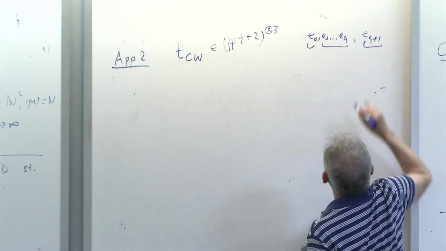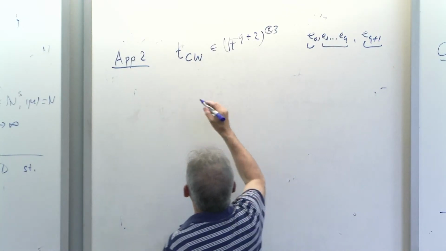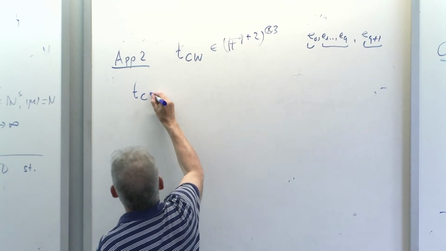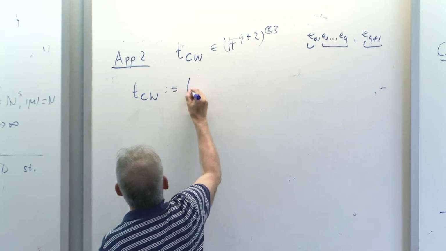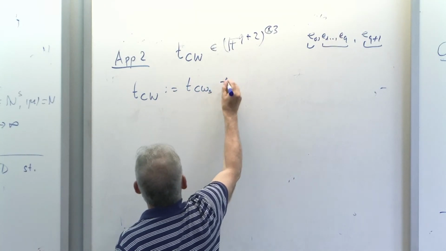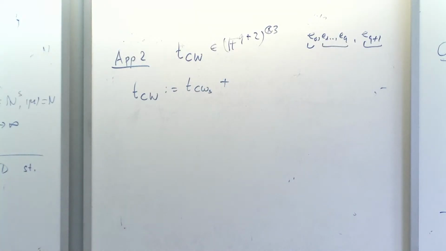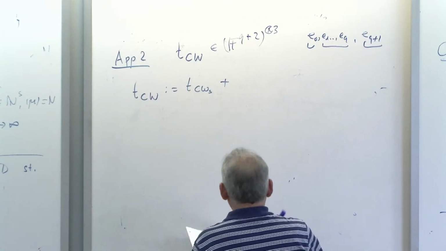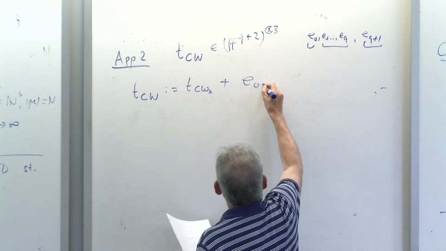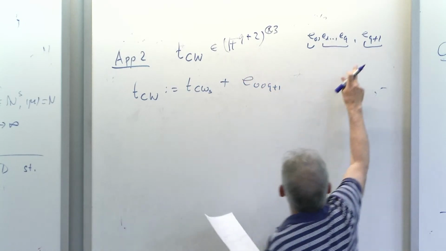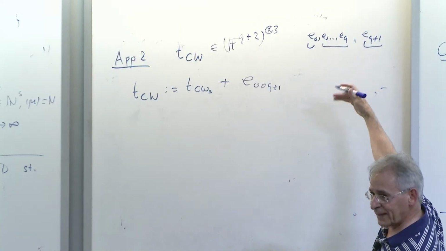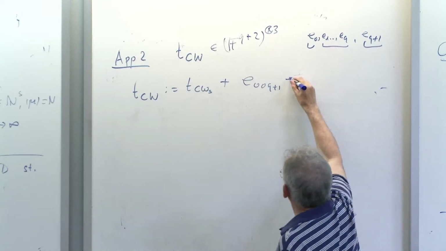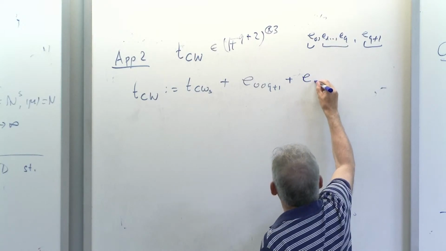It forms its own group. Okay, and what is it? So I take the small Coppersmith-Winograd tensor, this one, and I add 3 terms: E0, E0, E_{q+1}. The q plus 1 is the one that I added. But then it should be invariant under cyclic permutations.